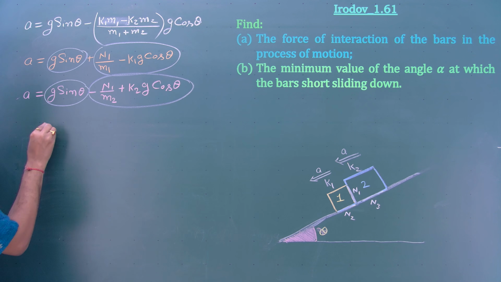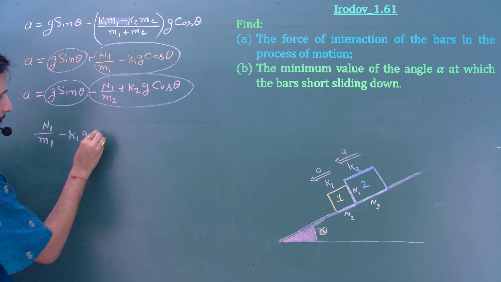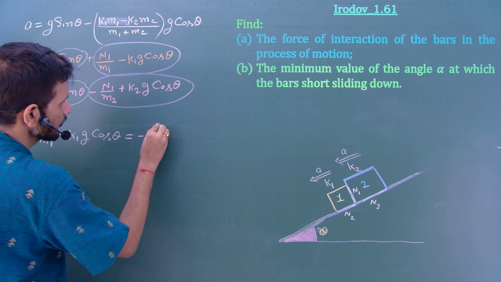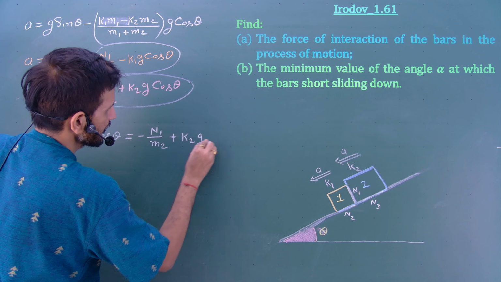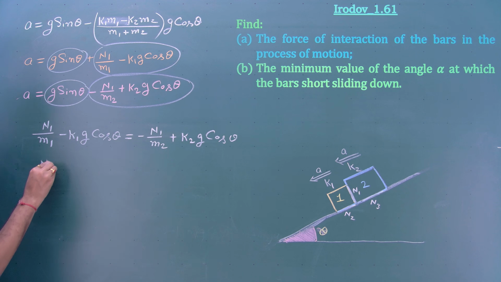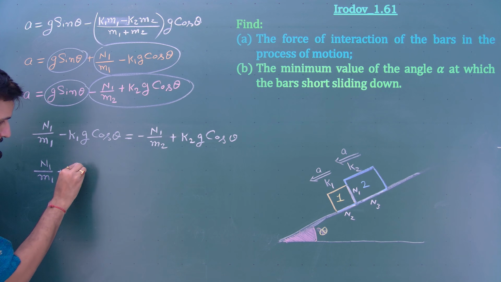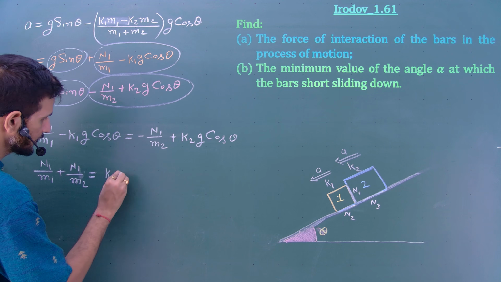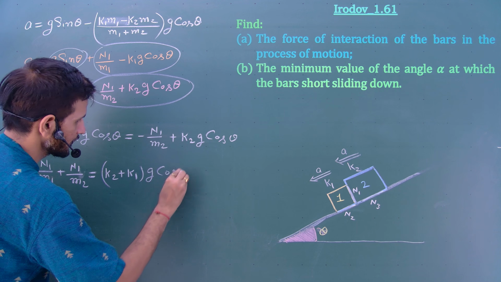So n1 by m1 minus k1 g cos theta should be equal to minus n1 by m2 plus k2 g cos theta. So n1 by m1 plus n1 by m2 equals (k2 plus k1) into g cos theta.